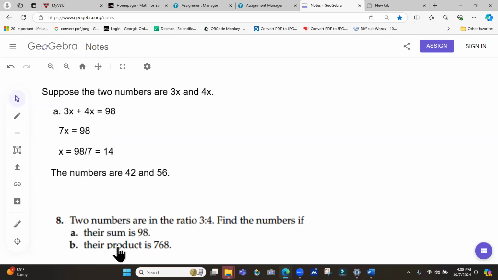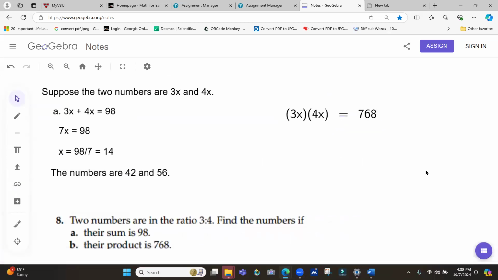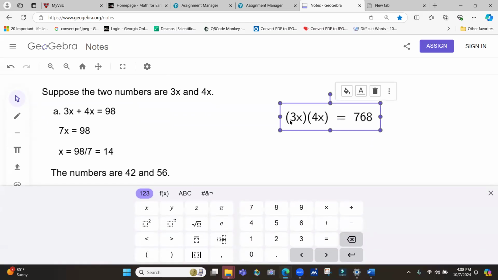The word product means you multiply the two numbers. So when you multiply the first number 3x by the second number 4x, you're supposed to get 768. So you will say something like this. You can say 3x times 4x is equal to 768. All right. And this is part B. Let's write it down.